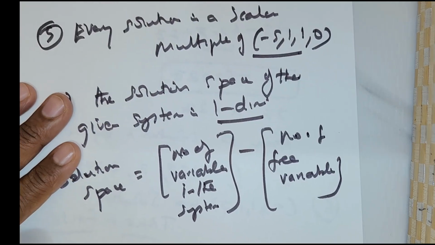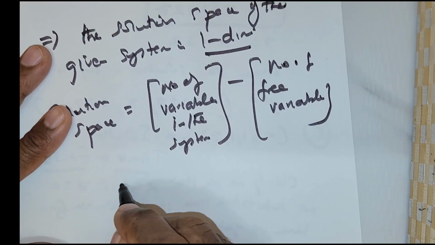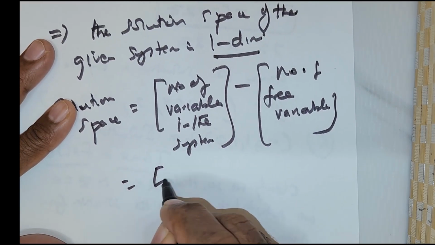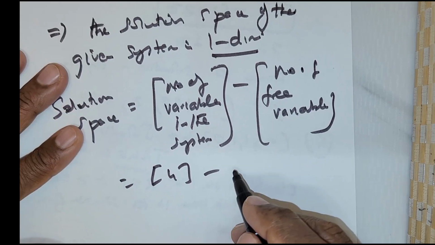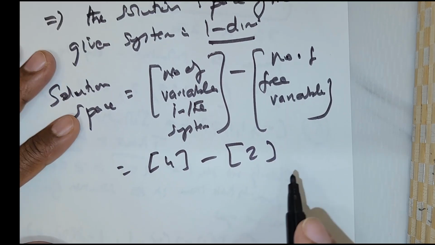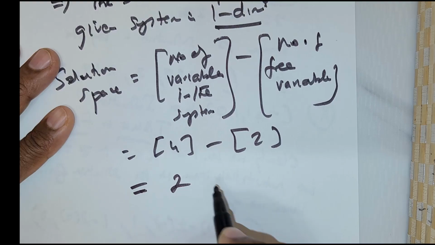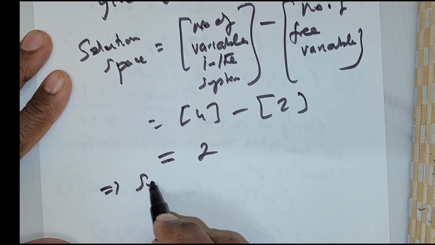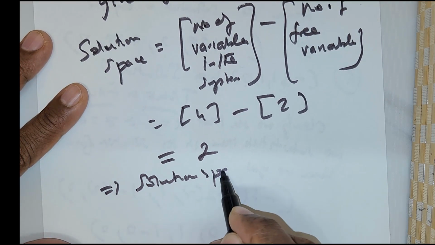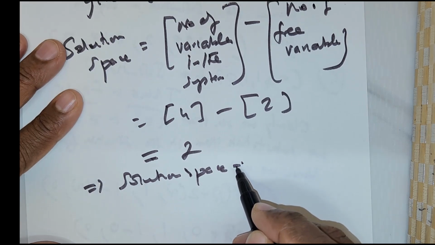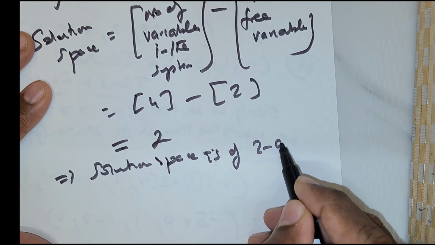Now clearly, the number of variables in the system is 4, and the number of free variables is 2. So this means 4 minus 2, which is equal to 2. So this means the solution space is of 2 dimensions.